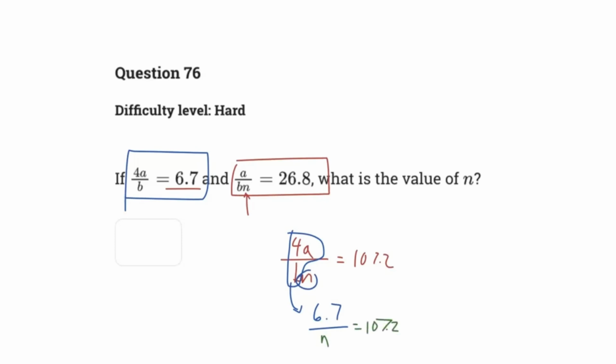You can rearrange this to solve for n, and we get 6.7 over 107.2 equals n. And 6.7 over 107.2 simplifies to 1/16, and therefore our value of n is 1/16.